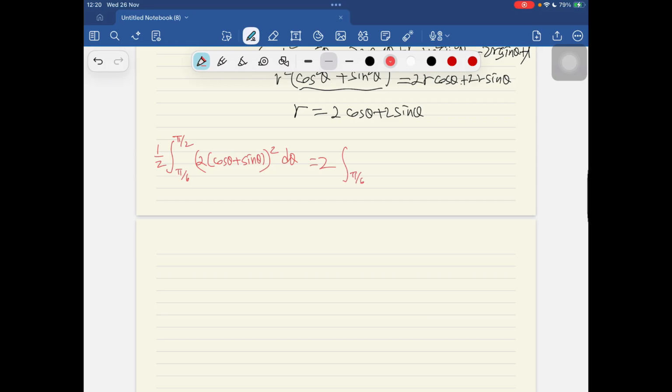Integral from pi over 6 to pi over 2 of sine squared plus cosine squared, which is 1, plus 2 sine cosine, which is sine 2 theta, d theta.